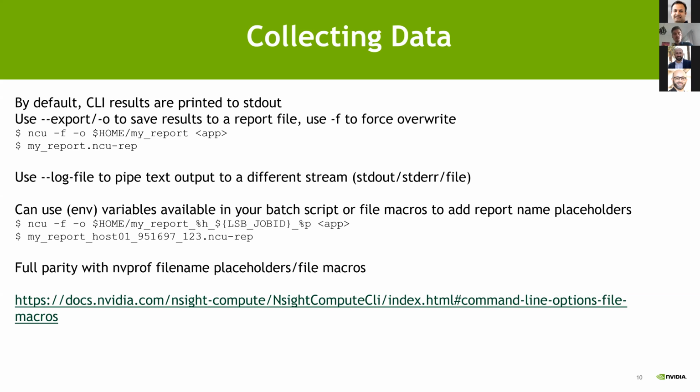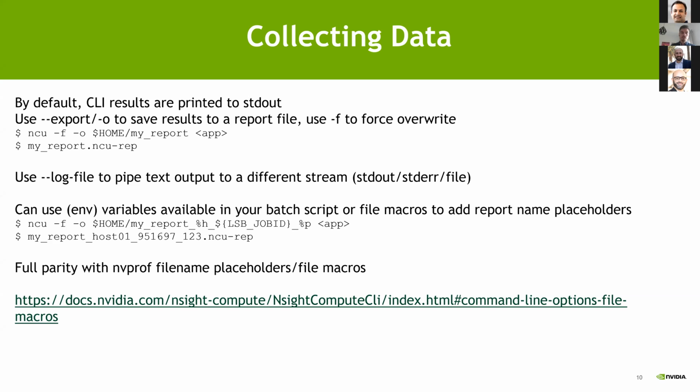You can also use environment variables and placeholders in your report names. There are a couple of examples shown in the next two lines, which is a feature that came originally from nvprof, the predecessor of Nsight Compute, and which had support for putting these placeholders for the process ID, host name, environment variables, or just an incrementing number in your report name.